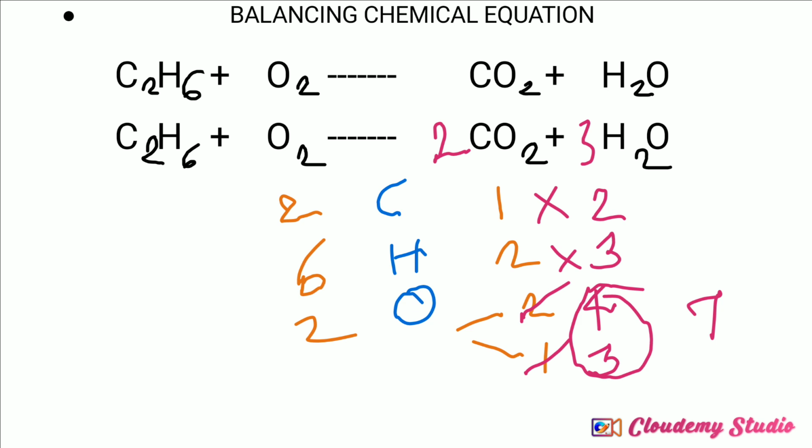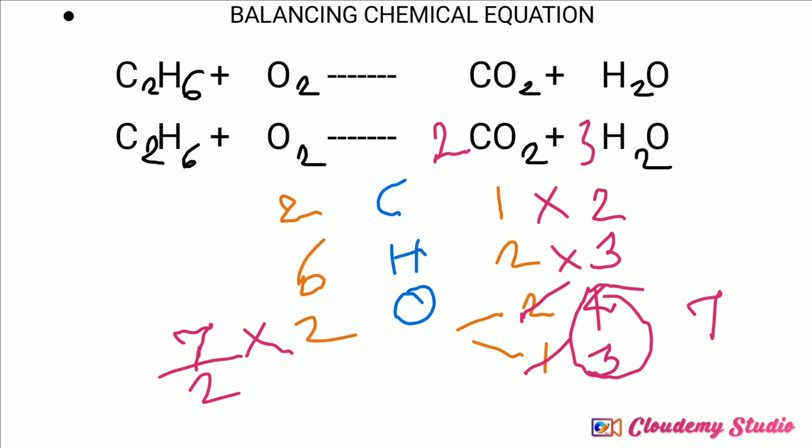So whatever total the odd number comes at the right hand side, that has to be divided by 2. With that fraction we need to multiply with the oxygen. So accordingly this 2 is multiplied by 7 by 2.